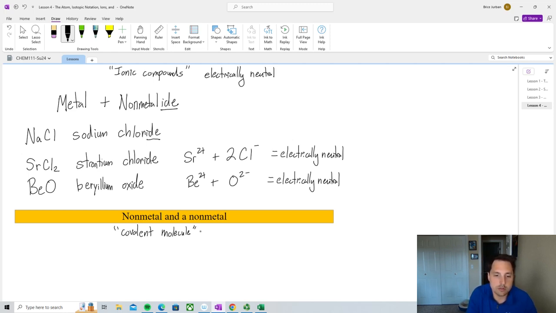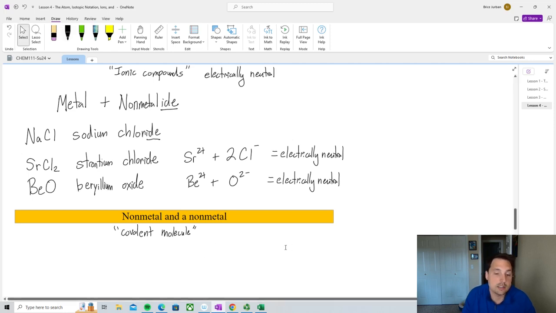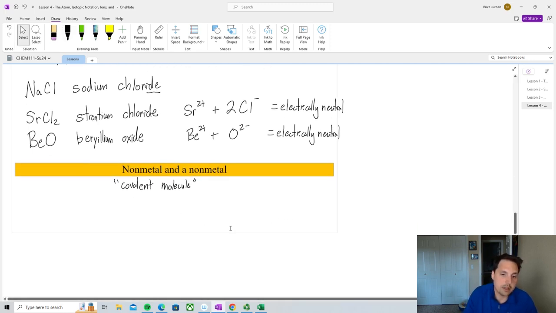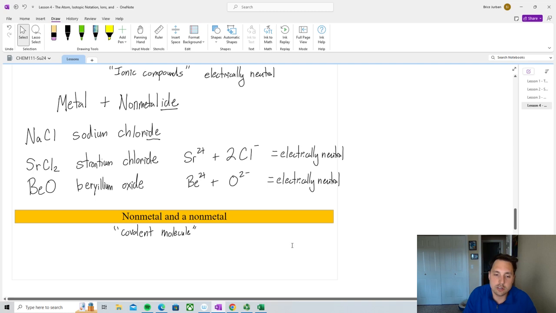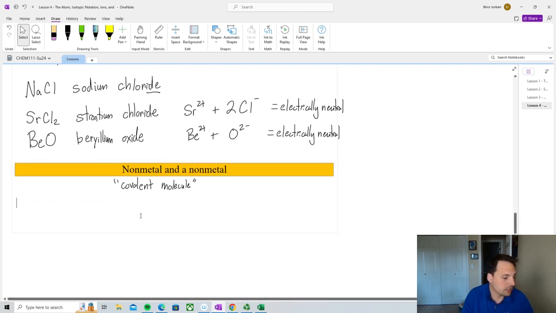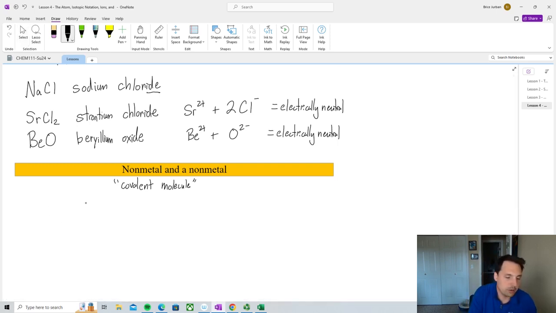And so they're referred to as molecules because they act differently. And we don't need to think about electrically neutral anymore. Instead, now, what we want to focus in on is how many of each of the atoms there are. And we make use of a series of prefixes here.